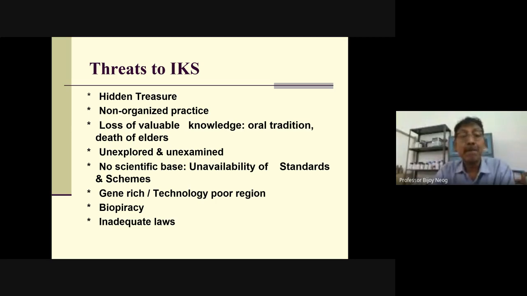So there are inadequate laws nowadays, and although a lot of laws and implementing authorities exist, proper implementation of laws is very important.